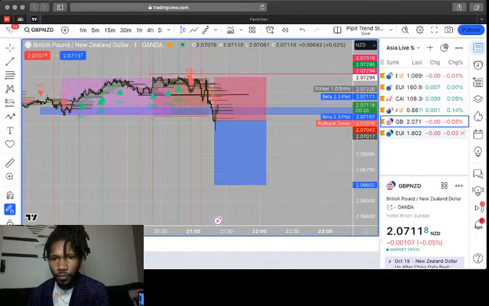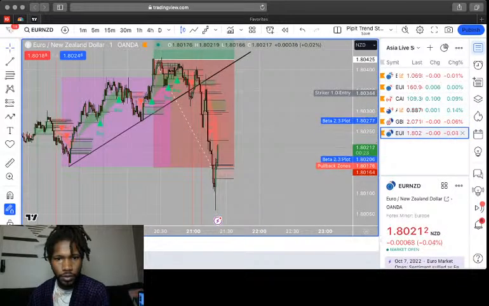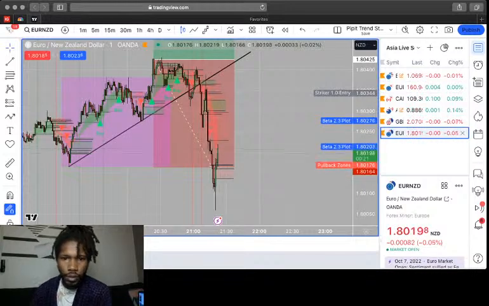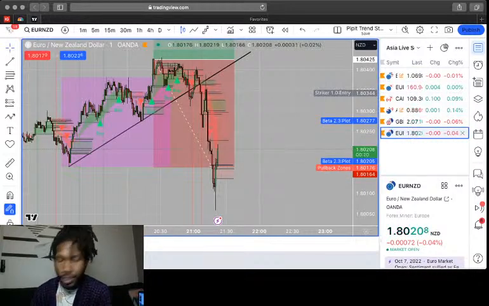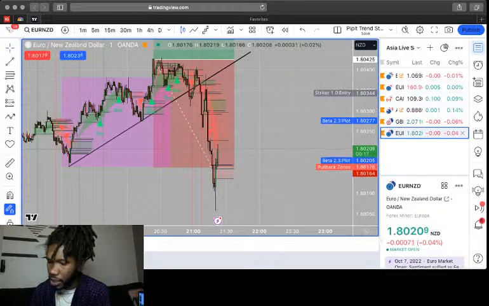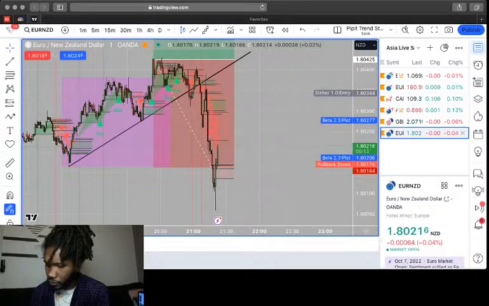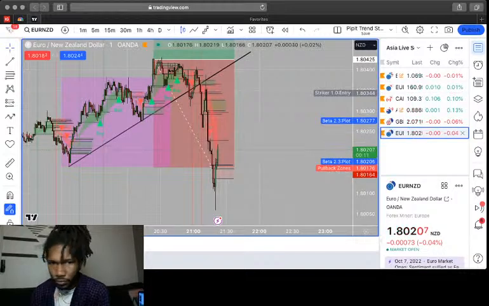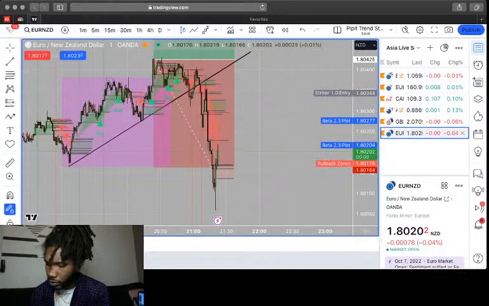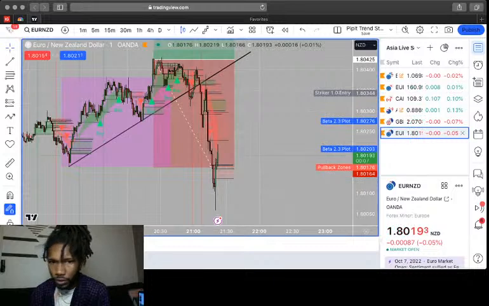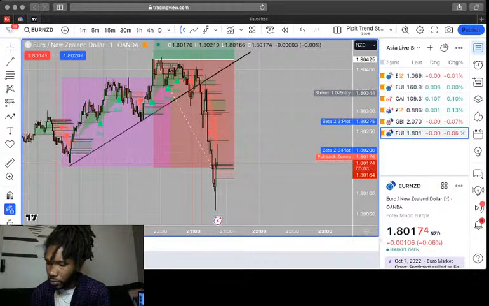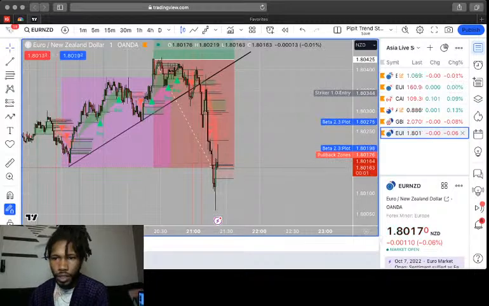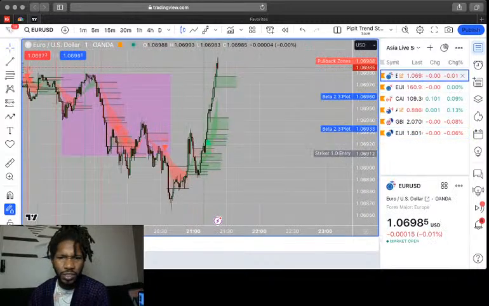This is a rough market. Okay, EJ. Oh yeah, EN got stopped out too. I got stopped out on EN. That sucks. CADJ's in profit. EU is in drawdown.